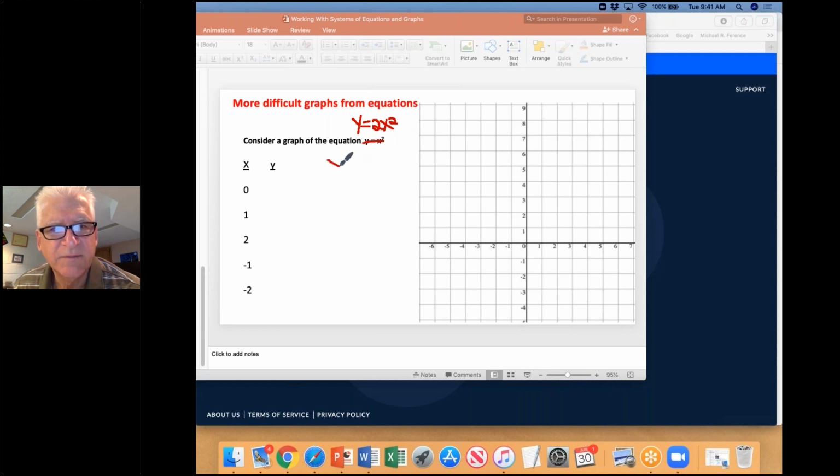So let's plug it in. Y equals 2 times 0 squared, and it's still going to be 0. Let's plug in 1. Y equals 2 times 1 squared. It's going to equal 2.